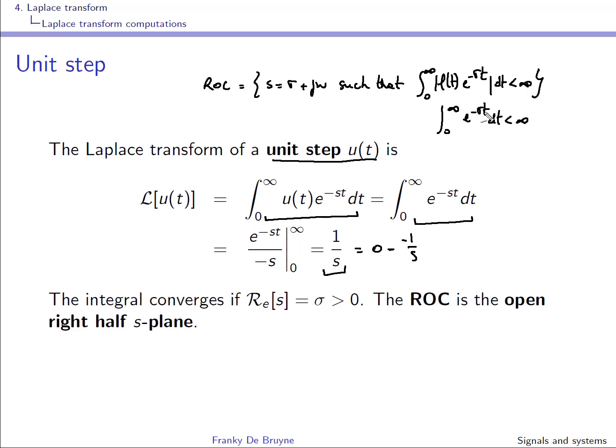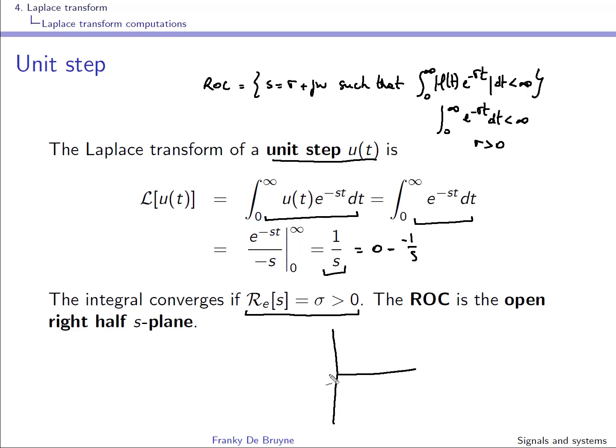And you can see that if you choose sigma positive, then this integral will converge. So the integral converges if the real part of s, that is sigma, is larger than 0. So the region of convergence is the open right half plane.